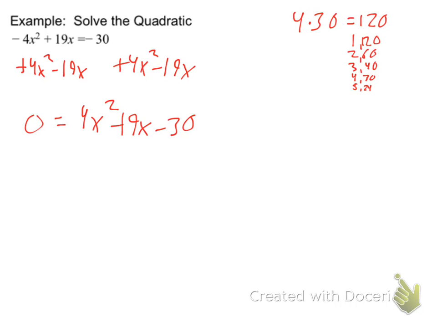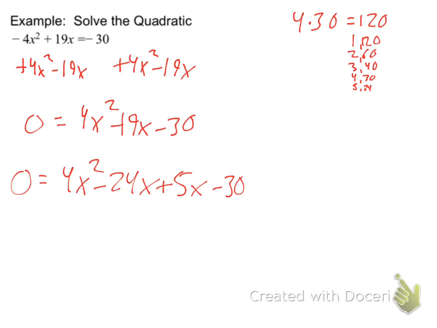Can I stop? Why can I stop there? Because 5 minus 24 will give you a negative 19. Okay. So 0 equals 4x squared minus 24x, but 5x put back positive.